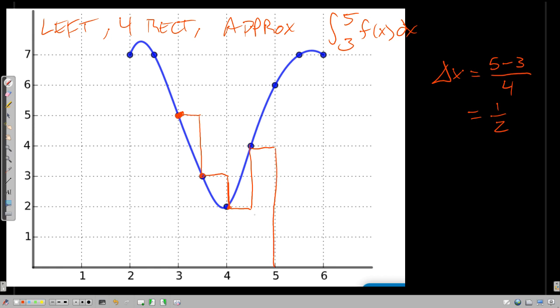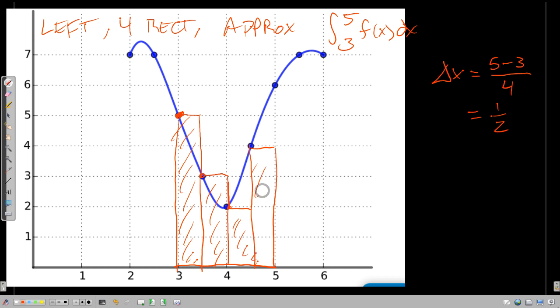This is what the rectangles look like. You can see my 4 rectangles. It's their top left corners on the curve. This is a left Riemann sum of 4 rectangles.